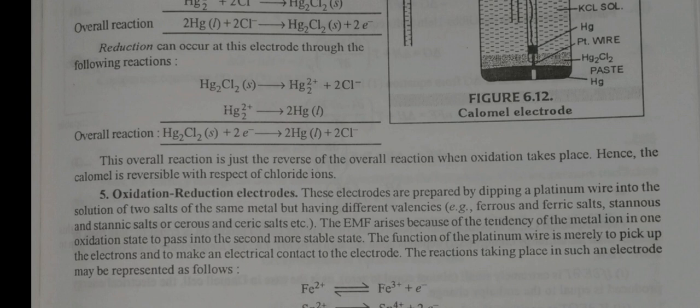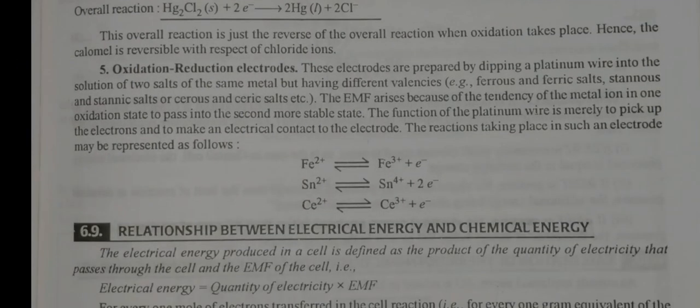The function of the platinum wire is merely to pick up the electrons and to make an electrical contact. The reaction taking place in such an electrode may be represented as: Fe2+ gives Fe3+ plus electron, Sn2+ gives Sn4+ plus 2 electrons, Ce3+ gives Ce4+ plus electron.